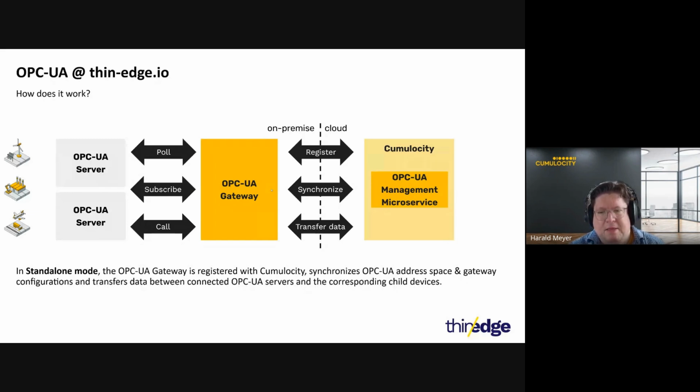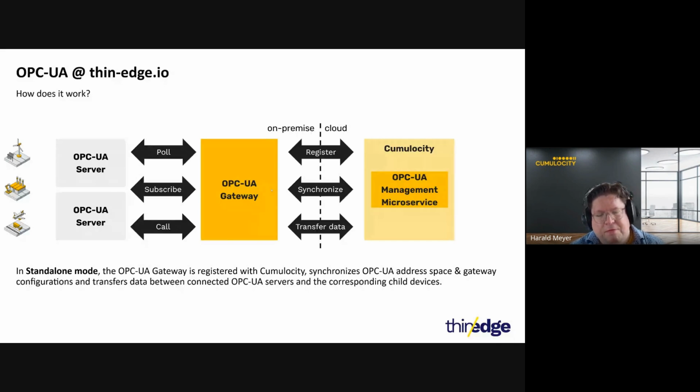And it then is connected to Cumulocity to actually hand over the data to Cumulocity, and also to transfer back interactions with a server from Cumulocity to the OPC UA server.